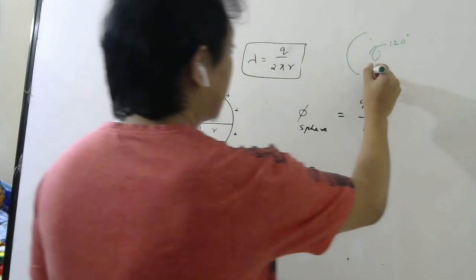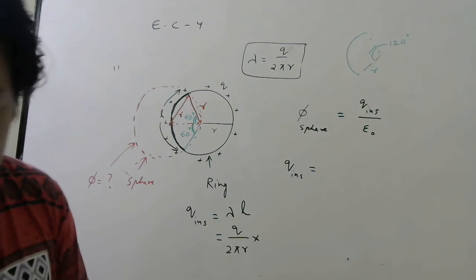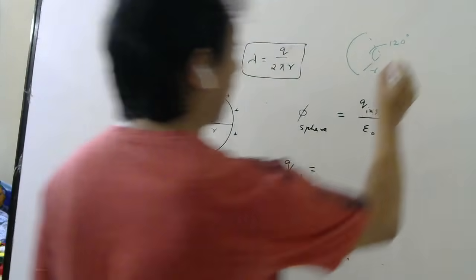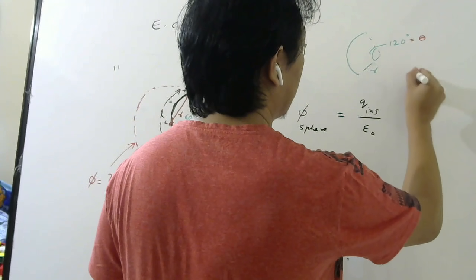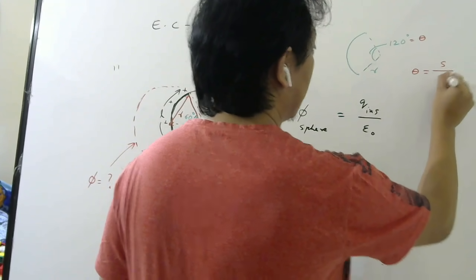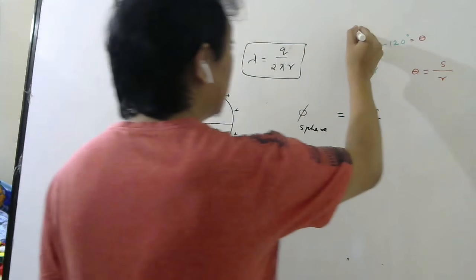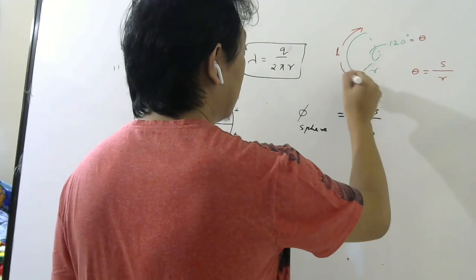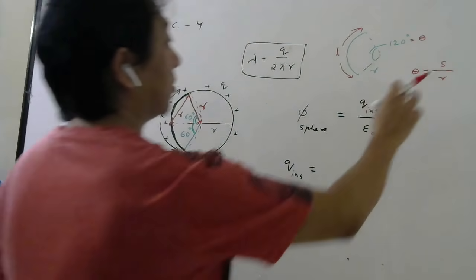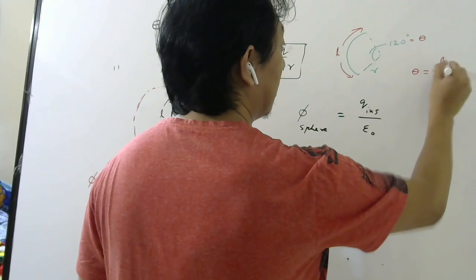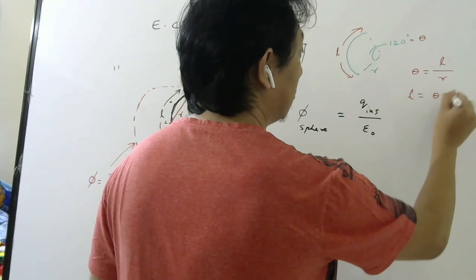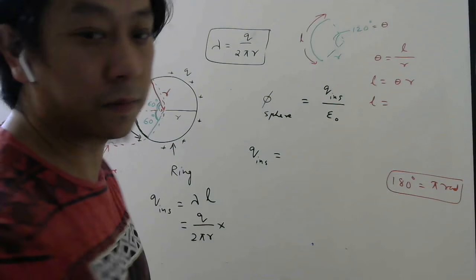Now this radius is r. So when you want the arc, what is the formula for angle? Angle is arc by radius. Yes or no? We want to know this length, this is your arc, which I am calling L. So L will be angle into radius. Now what is the angle?